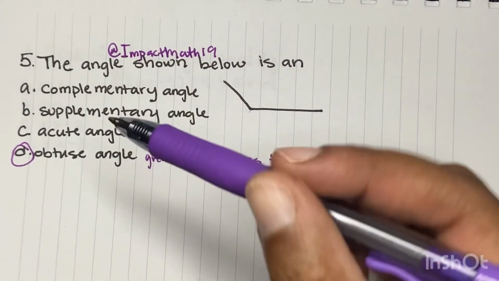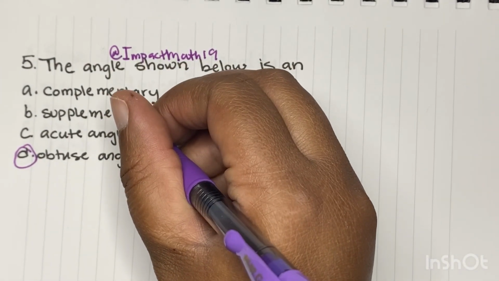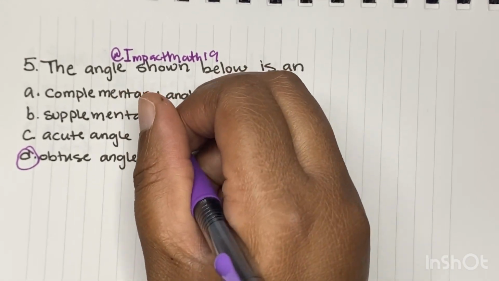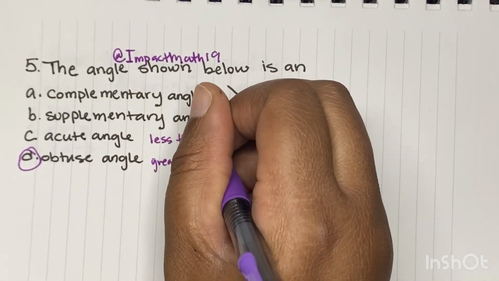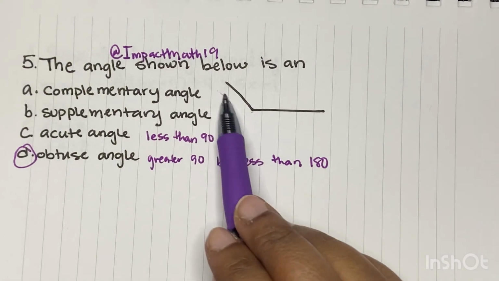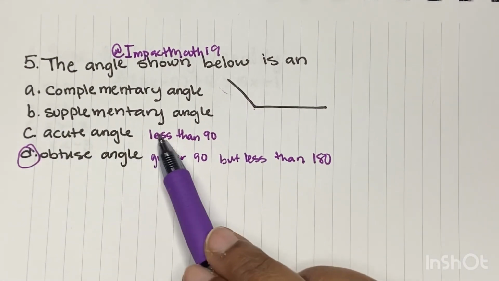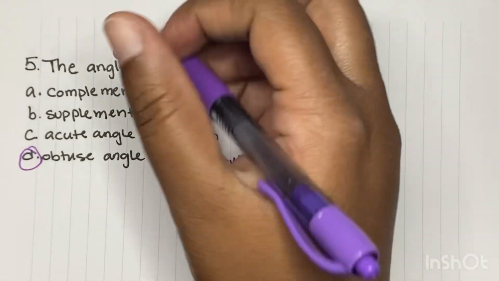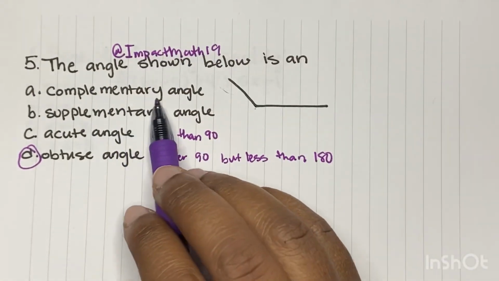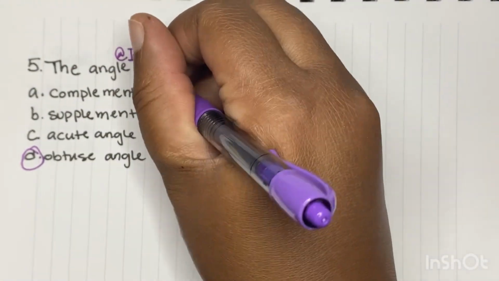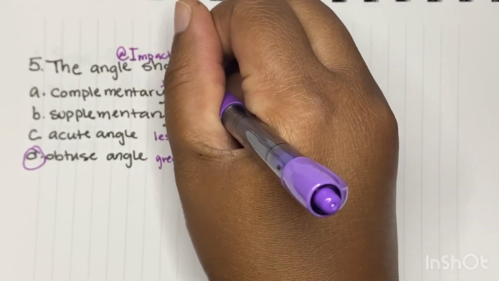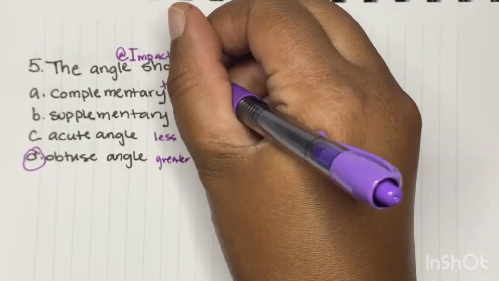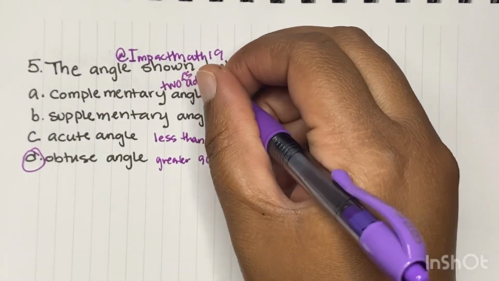An acute angle is an angle less than 90 degrees. Okay, and since this is greater than 90 degrees, that's why C doesn't make sense. Complementary, remember, we clarified this in the very beginning, two angles that add up to 90.